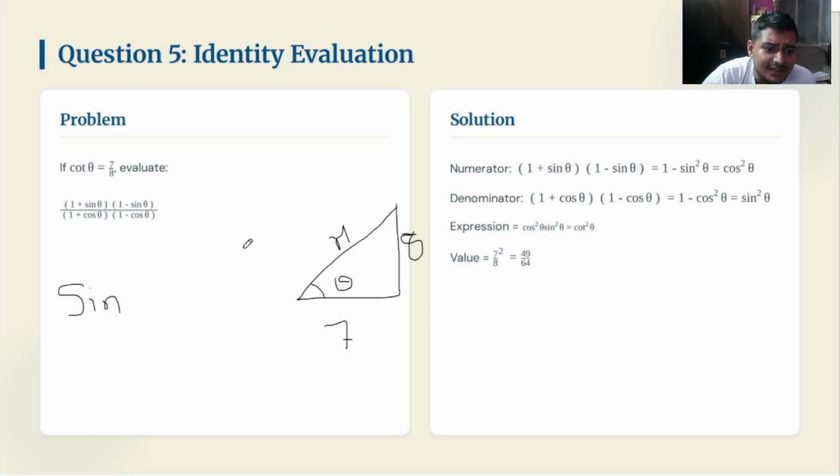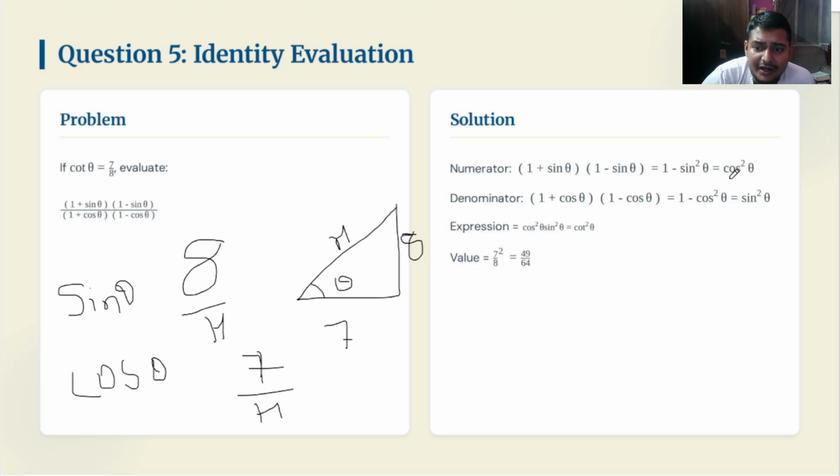Sine theta is 8 by h, and cos theta we have to find. Cos theta is 7 by h.